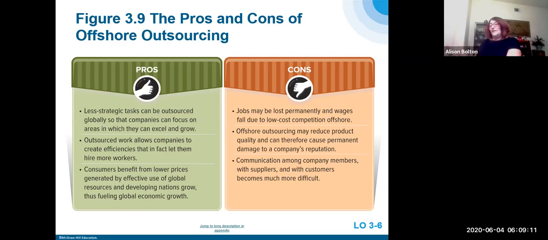When it's in a different country, you don't always have your hands on, so you don't know what's going on, and that can hurt the company's reputation. Communication: the cultural things, language, customs, very difficult at times, and that can be more damaging than beneficial.